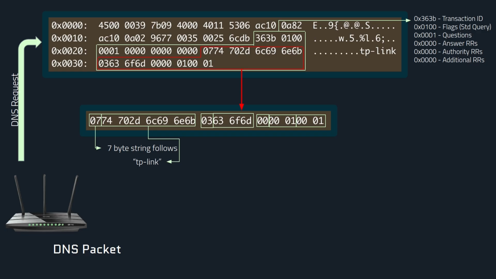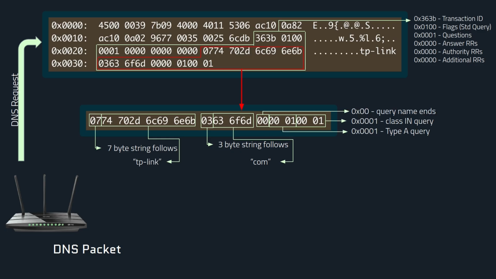Next, 3 bytes of data follow, which is COM. It is terminated with a null byte, which means the end of the query string. So now we know the DNS request is for a tplink.com domain. So notice that we don't have any dots in the query. They're added automatically. Okay, that's it.